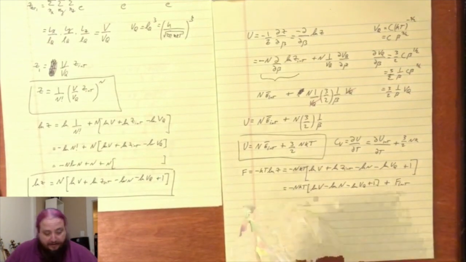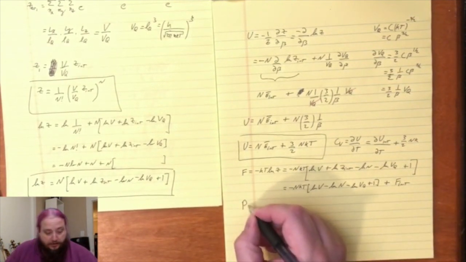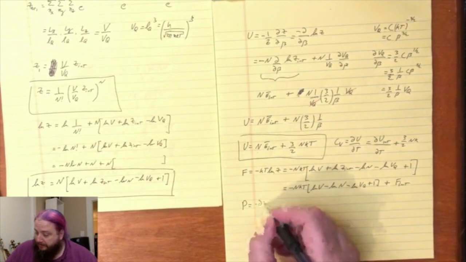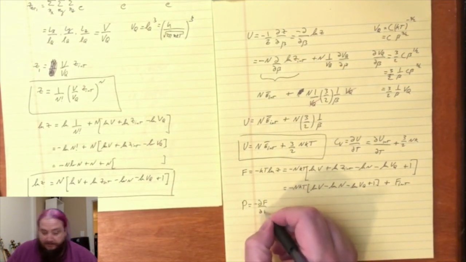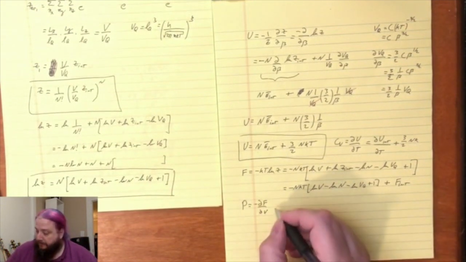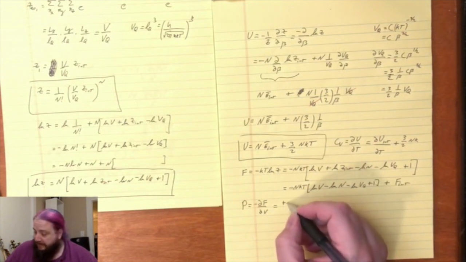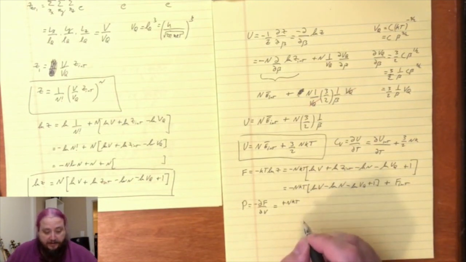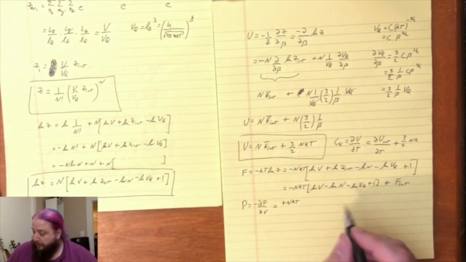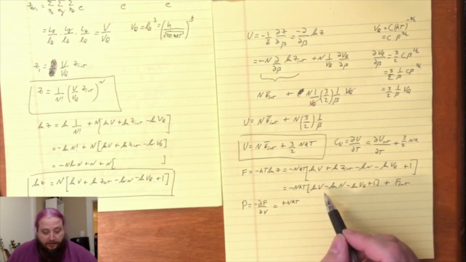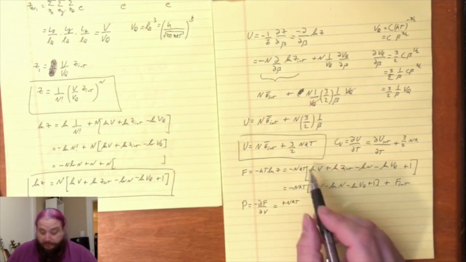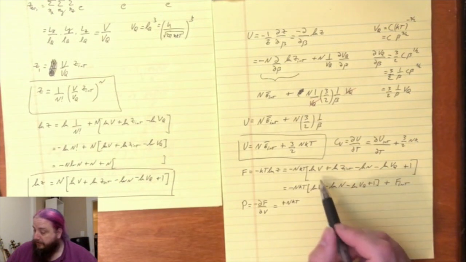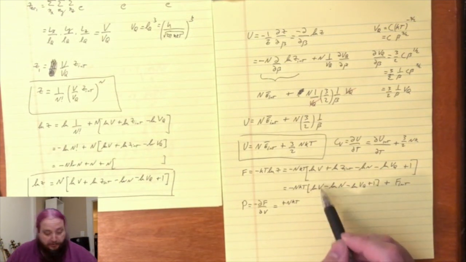We could then say the pressure, which is minus dF/dV, well, that's going to be plus nkT times, well, what depends on the volume here is this volume term.